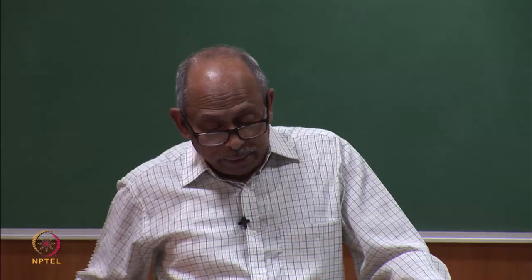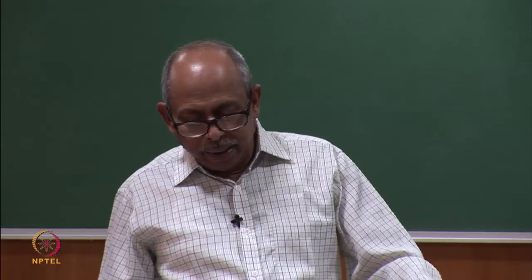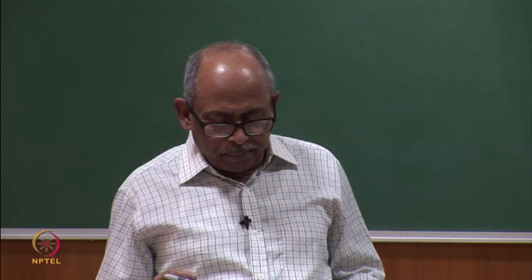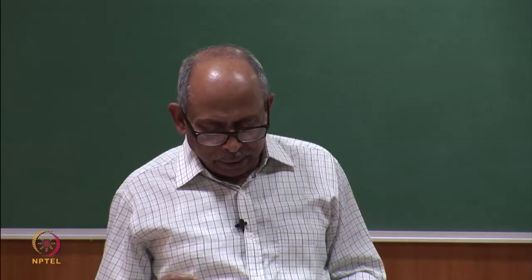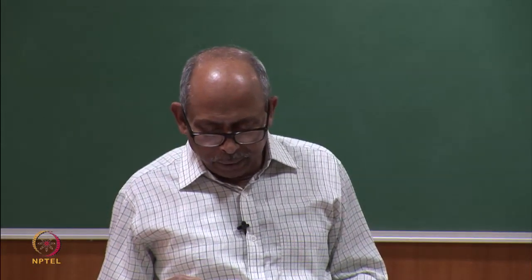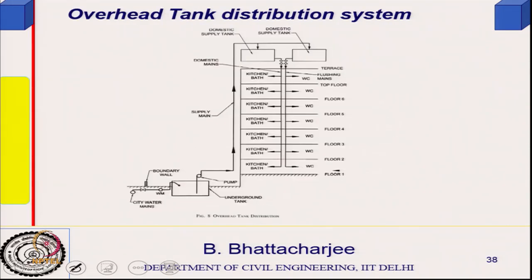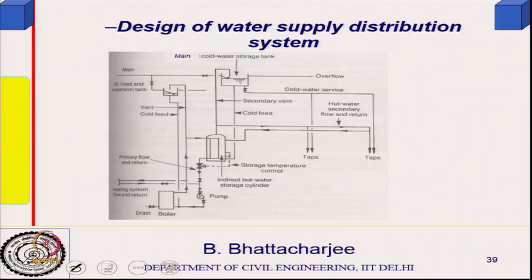Now, hot water supply system, basic principle is, I will come to this, but maybe first I look into a simpler diagram, yes, this diagram, and then we come back to this.